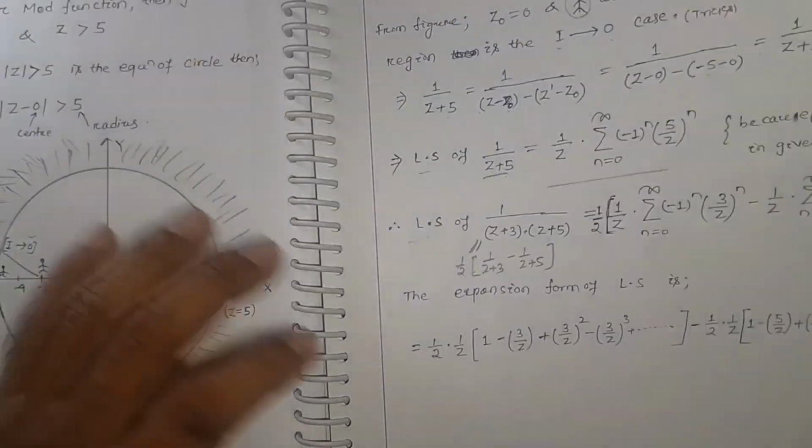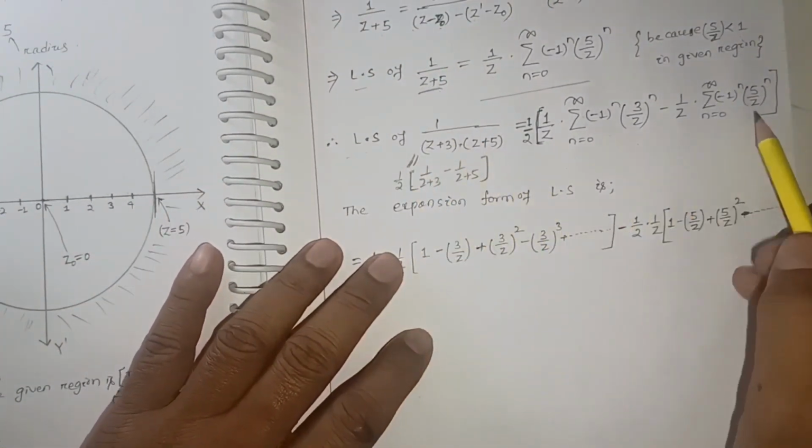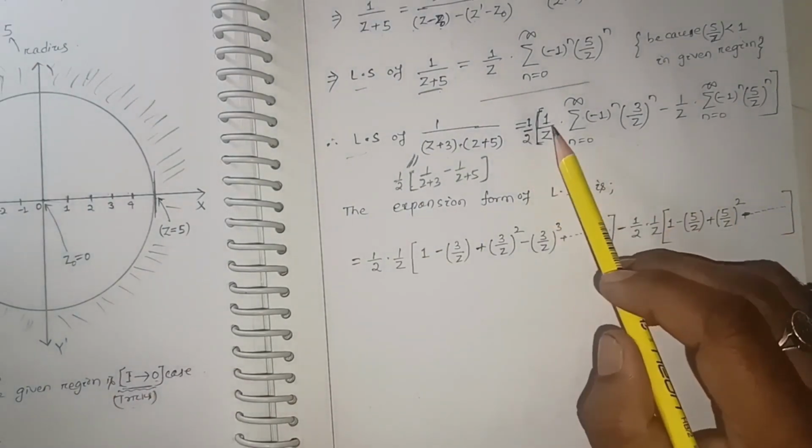So finally we found the Laurent series of this function in the form of expansion. If you want, you can write it as 1 by 2 multiplied with this.